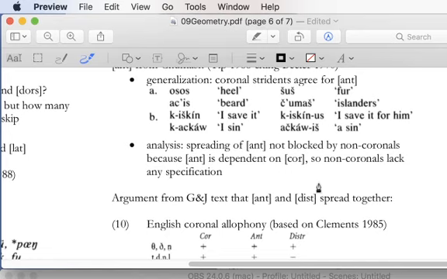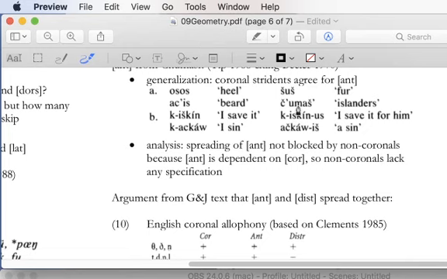Now, you might expect this to be blocked by other segments, because in our original theory, even a segment like, say, a labial would have been marked as minus coronal and minus anterior, right, or something like that. Or maybe actually a better example would be with a plus anterior segment, if we can find one of those. Well, anyway, this is not important.